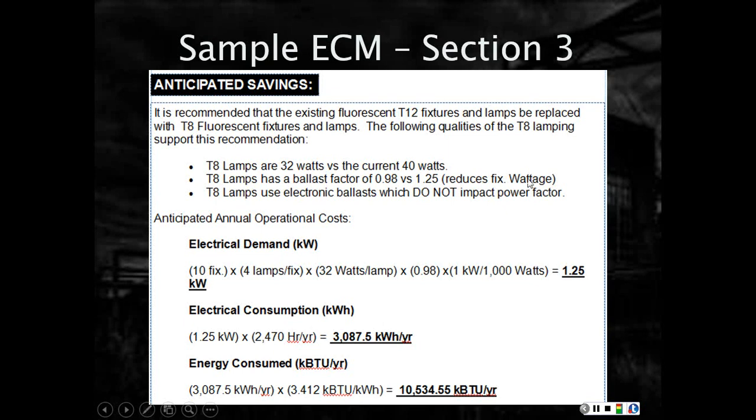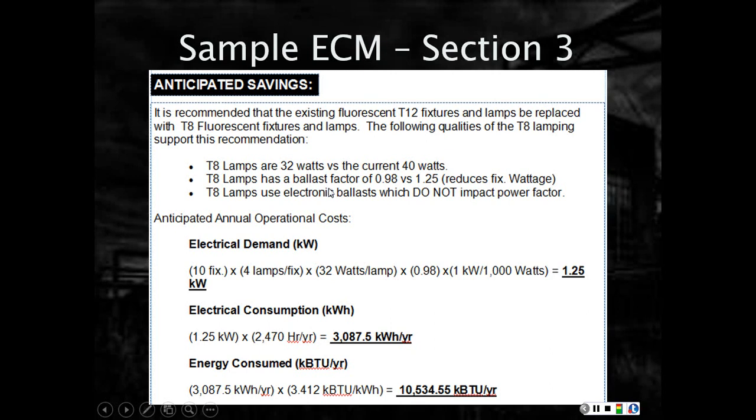In this case, we're recommending that the existing fluorescent T12 fixtures and lamps are replaced with T8 fixtures and lamps. The following quantities of T8 lamping support this recommendation. So the T8 lamps are 32 watts versus the 40 watts of the existing. So we're lowering the wattage of each individual lamp.